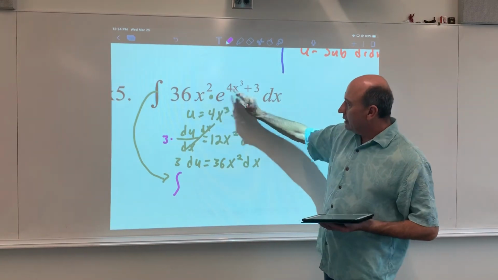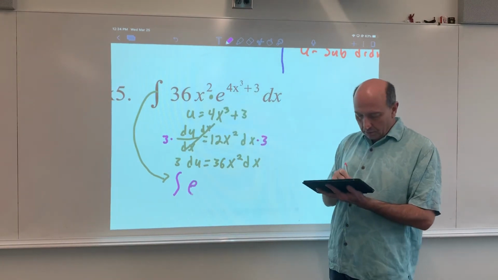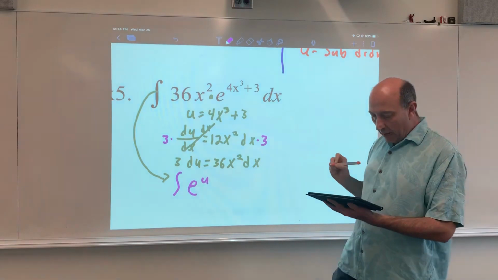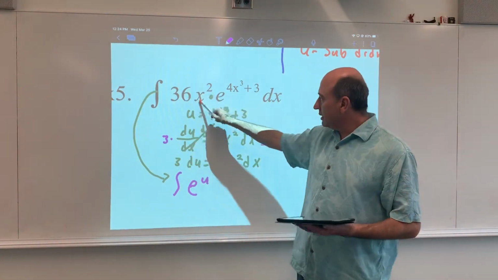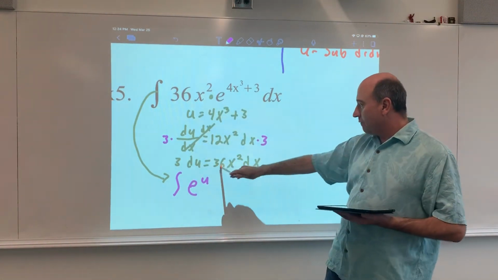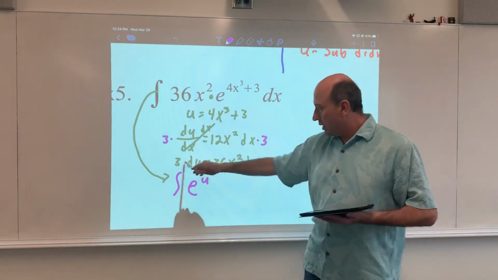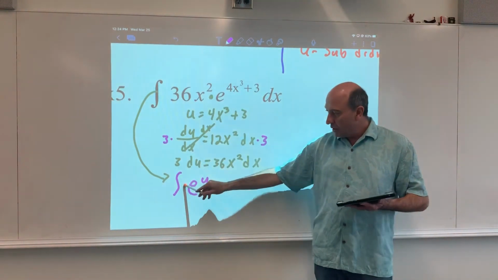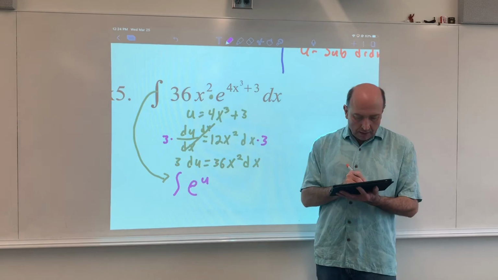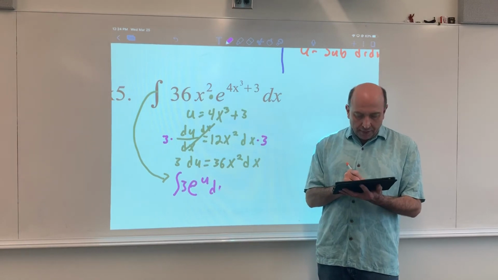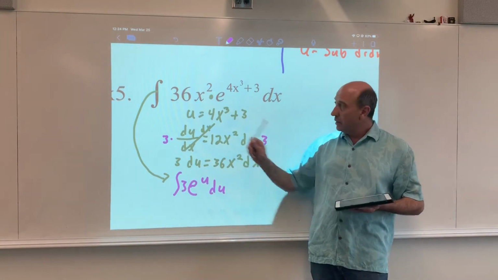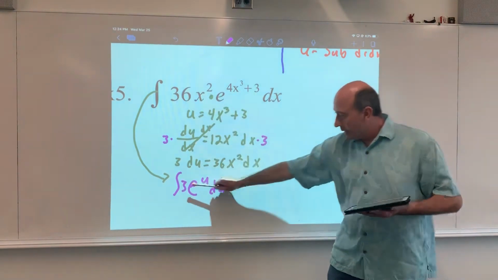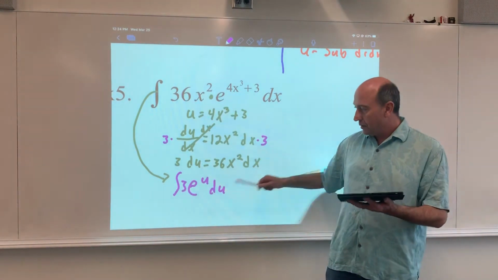So we have e to the u. Now, we have 36x squared dx left to account for. 36x squared dx is 3 du. The 3 is going to look better in front, and the du looks better at the end.